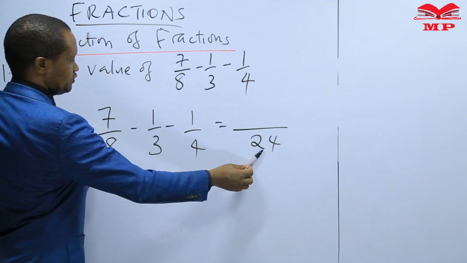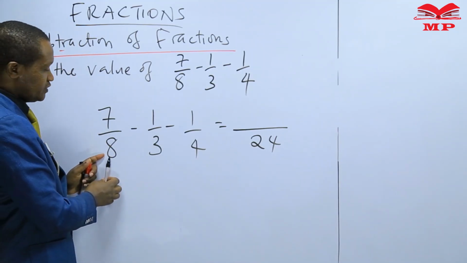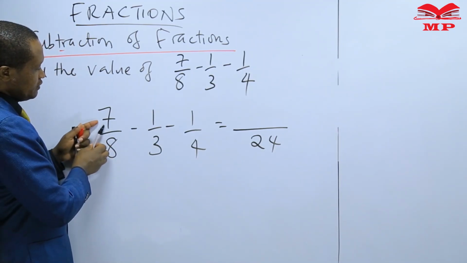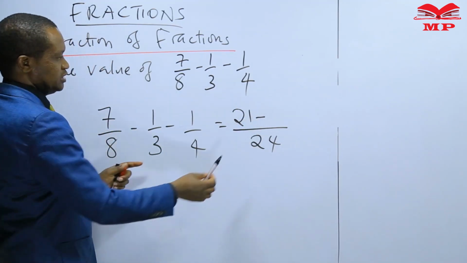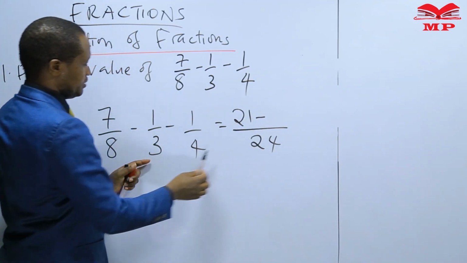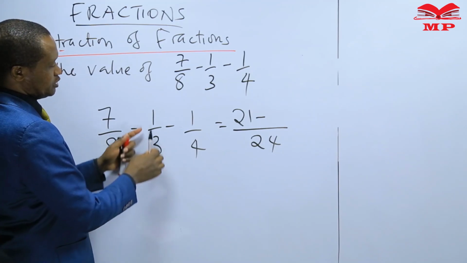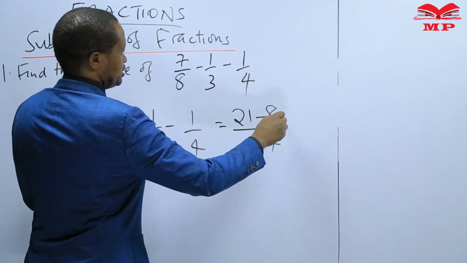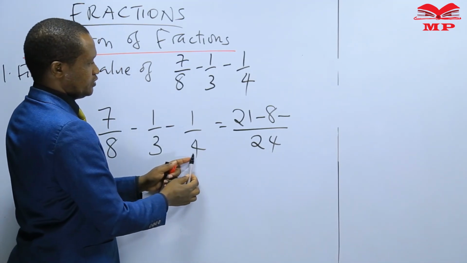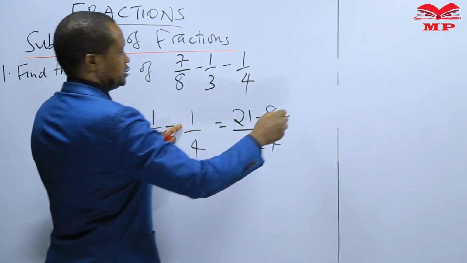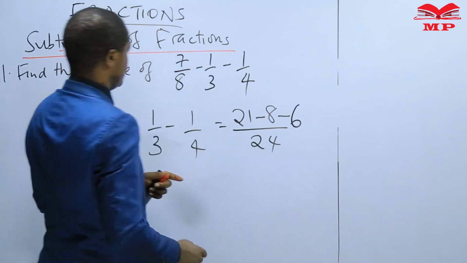So we divide 24 by 8. That gives us 3 times 7, 21, minus 24 divided by 3 is 8. 8 times 1, 8, minus 24 divided by 4 is 6. 6 times 1 is equal to 6.